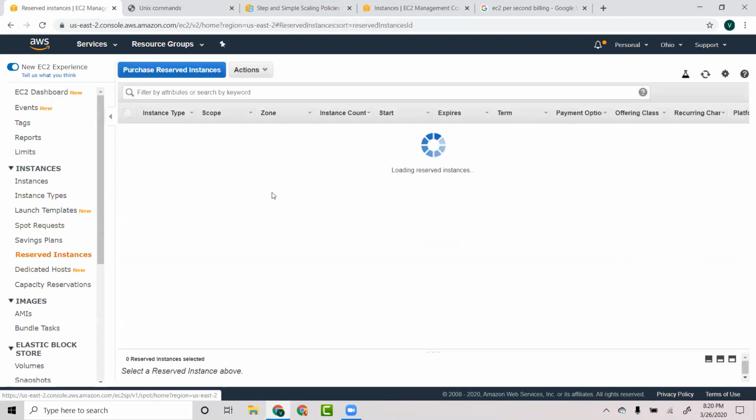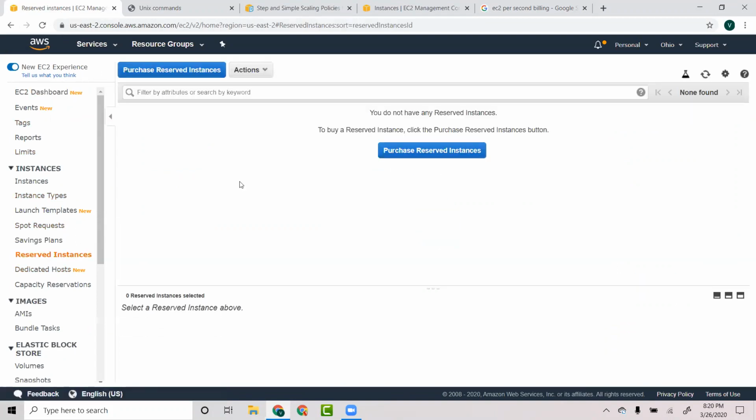That's my point. Reserved instances, you can purchase them, and you will end up paying much less. If you know that you need at least 10 EC2 instances for your capacity, you may need more based on your needs for Black Friday, Cyber Monday, Valentine's Day, etc. But in all normal circumstances, you know that you need about 10 T2 micros, let's say.